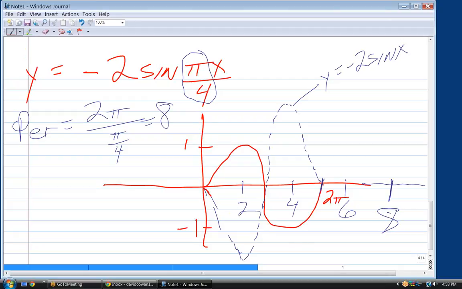So our final curve goes down to there, comes up through 4, hits its peak at 6, and comes back down at 8. So that is that curve.